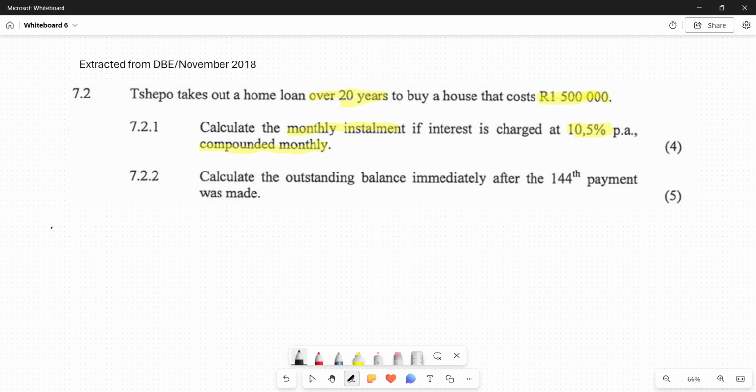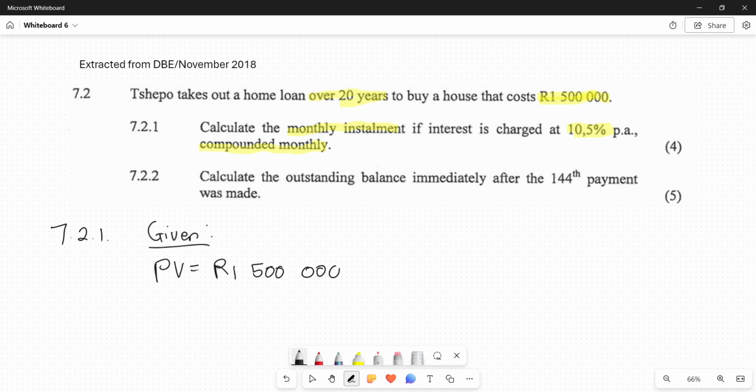So now we are given the loan amount of 1,500,000. This 1,500,000 is the present value. So our present value will be equal to 1,500,000.